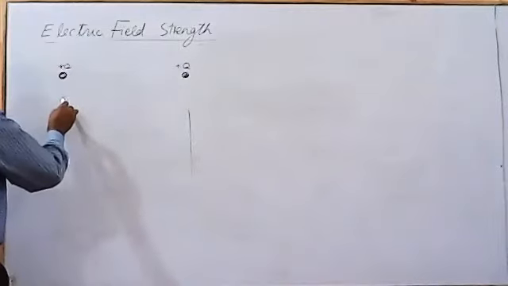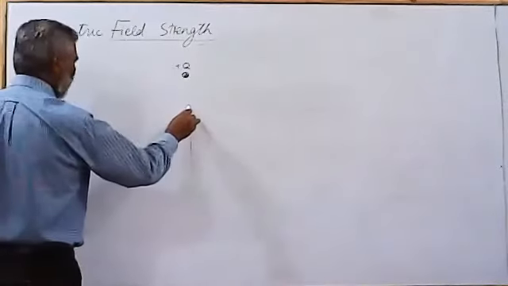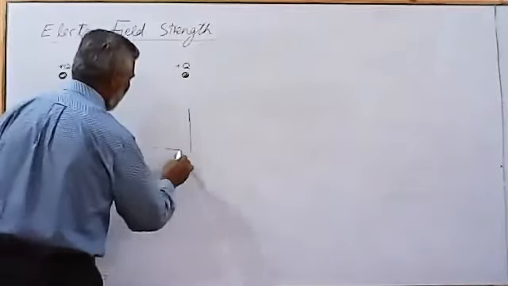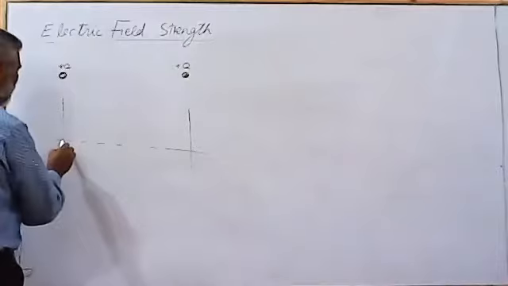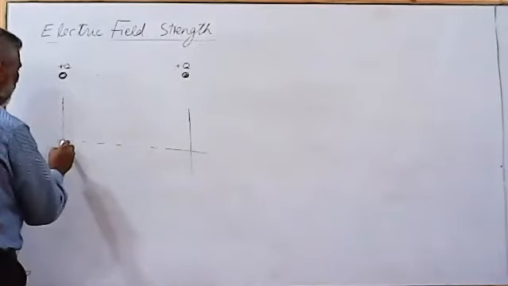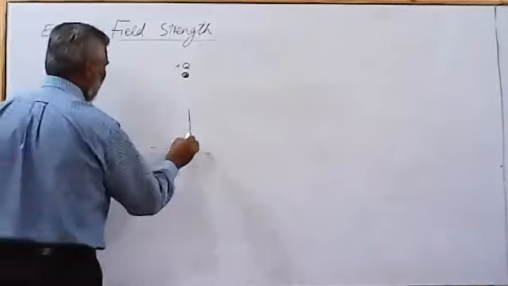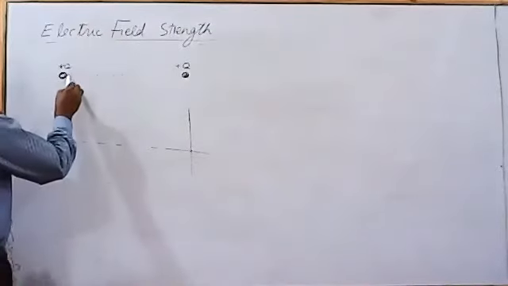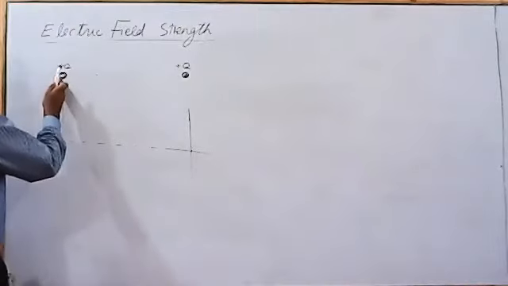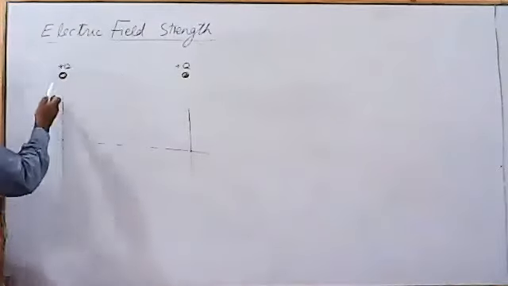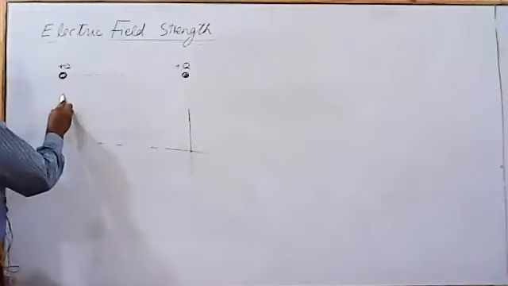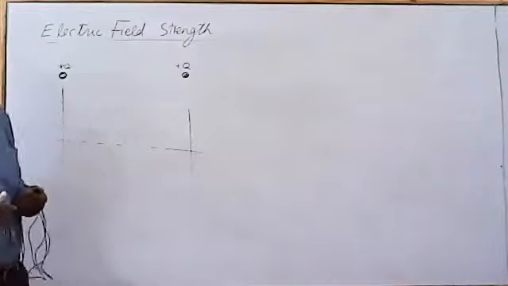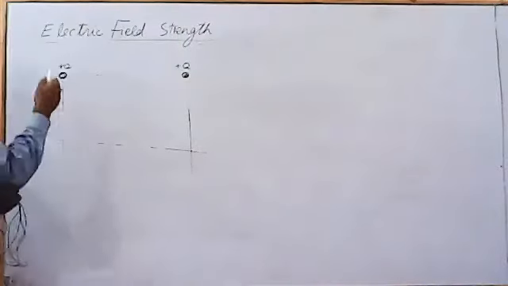These are the lines where the electric field can be assumed to start. I mean, this is exactly the point where this charge is located, and this is the point where this charge is located. When I start from this point charge to this one, the electric field of this charge is initially very large because we have already seen that theoretically it is infinite at that charge.